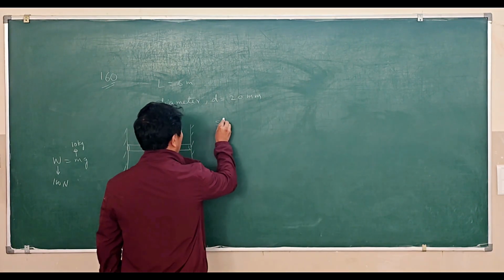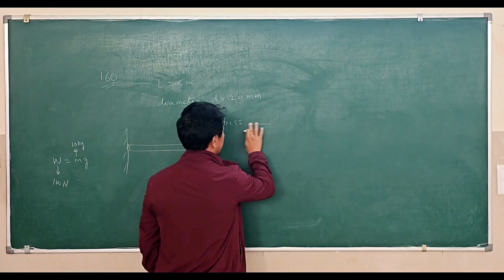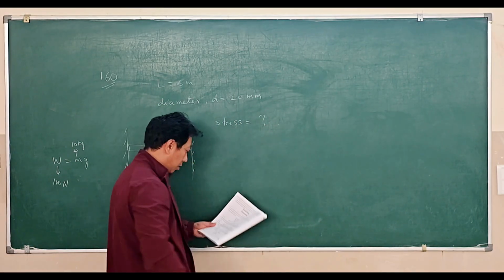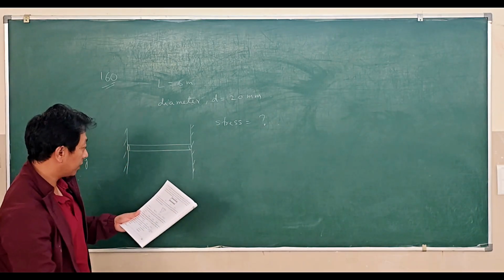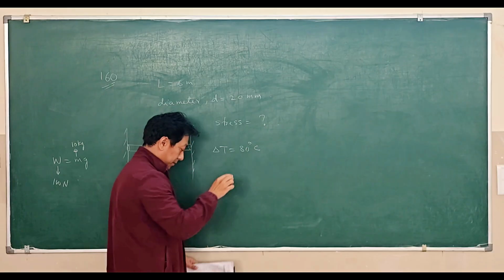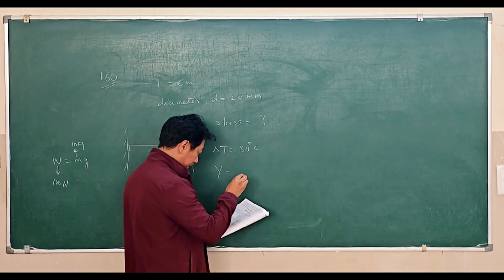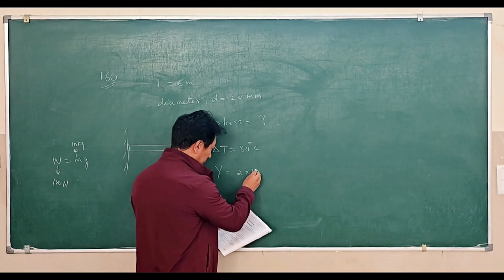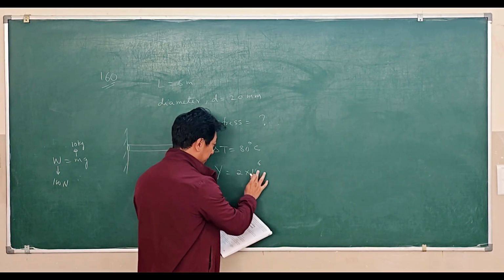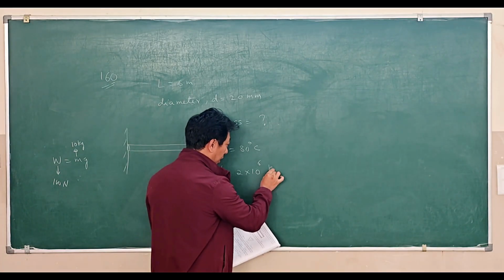They want you to find stress in the rod when the temperature increases by 80 degrees Celsius. Young's modulus is given 2 into 10 power 6 kg per centimeter square.